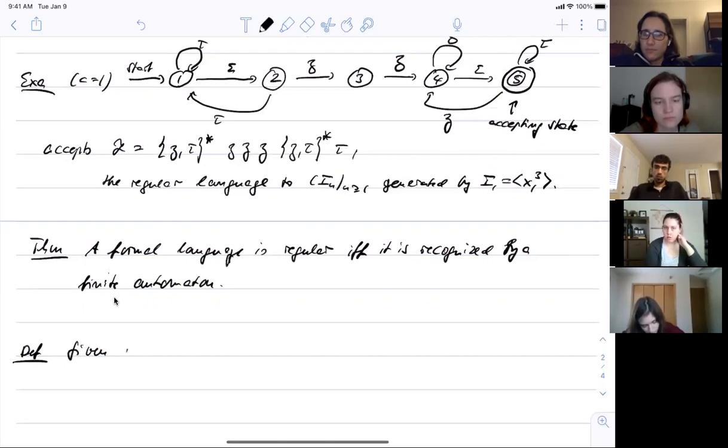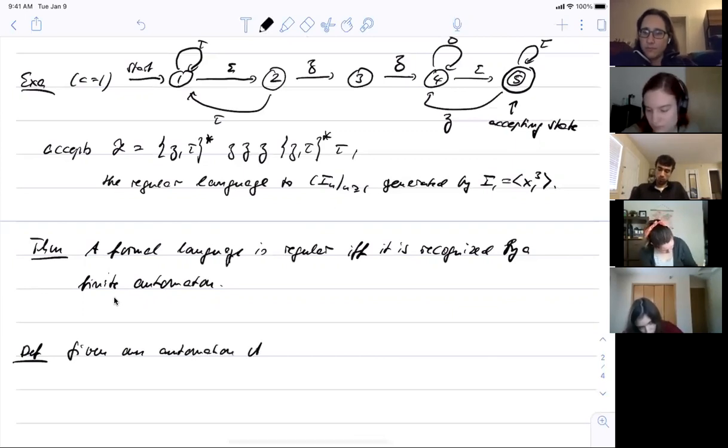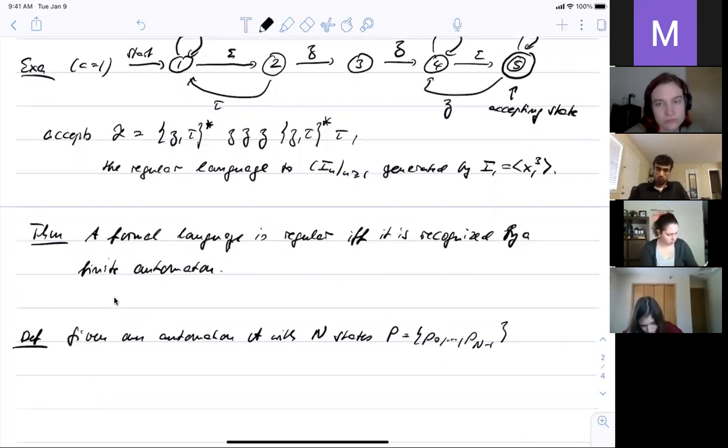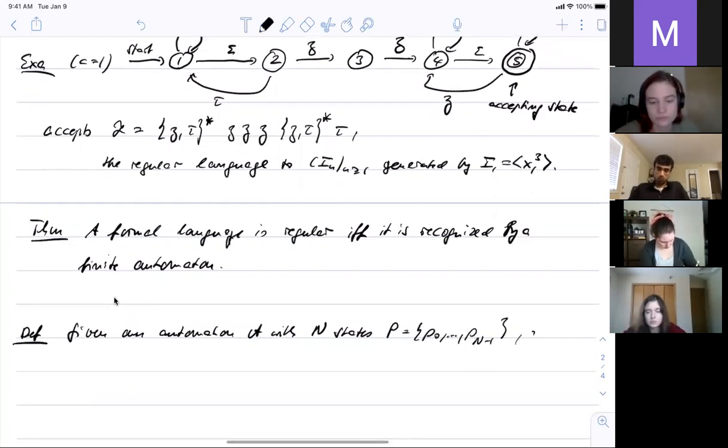Given a finite automaton as above with capital N states, the set of states, capital P, consists of states P0 up to Pn minus 1.